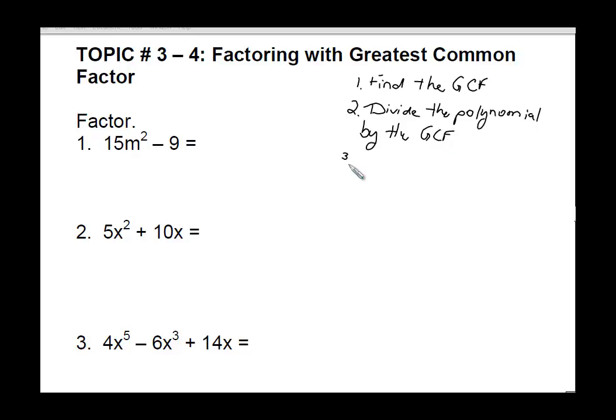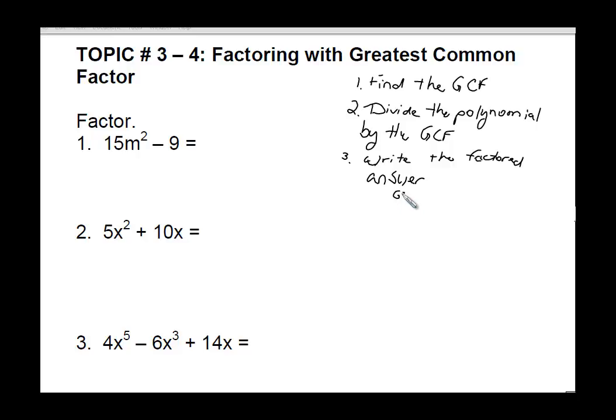And then you're going to write the factored answer. And my writing is not very good, I understand that. It says factored answer. And it'll look like this.